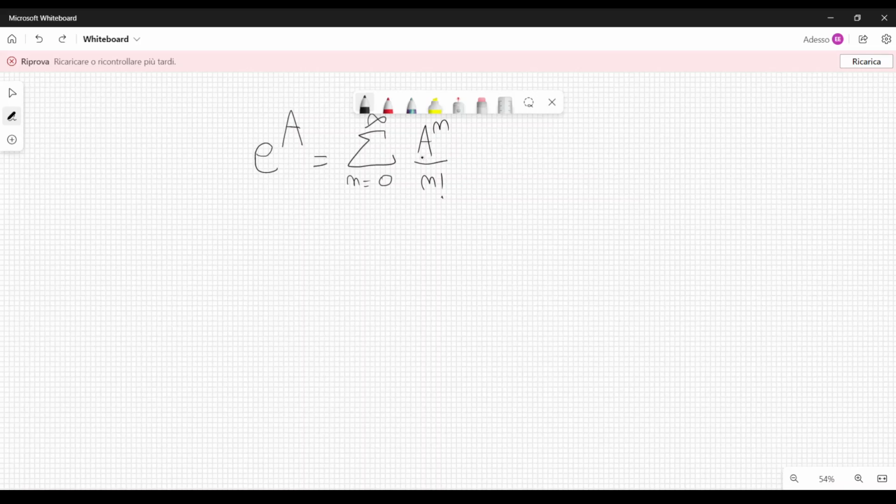So it might be complicated in general to find the exponential of a matrix if we rely on this formula. We understand the meaning, but it is not so easy to calculate the exponential from this formula.